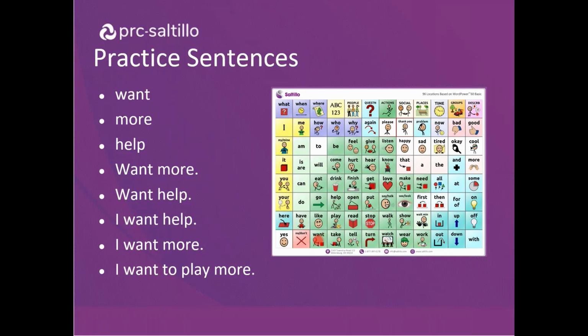So just like I said, that little preschooler, want more. I could do want help. I've got my pronouns. I want help. I want more. Or maybe I'm doing I want, and then depending upon their language level, I can do 2, or maybe I'm just jumping all the way over to play. I want play more. So building those sentences as their vocabulary grows and is able to do that.